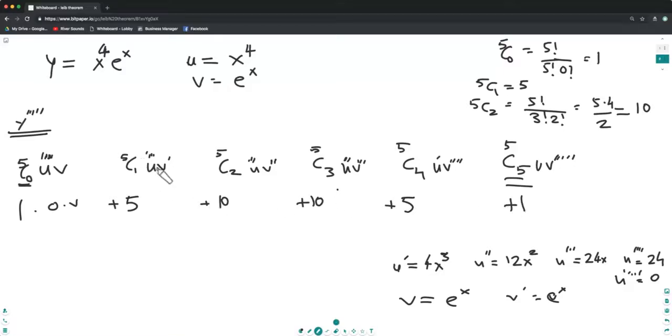And so you got u differentiated 4 times, you got 24, so times 24 times v prime, and that's e power x. And here you got 10, u differentiated 3 times, so that's 24x. And that's e power x again. And you've got u differentiated 2 times, and so that's 12x squared, and that's e power x.